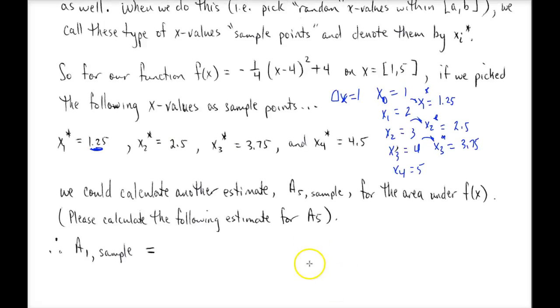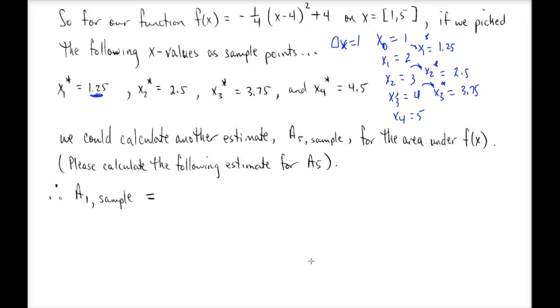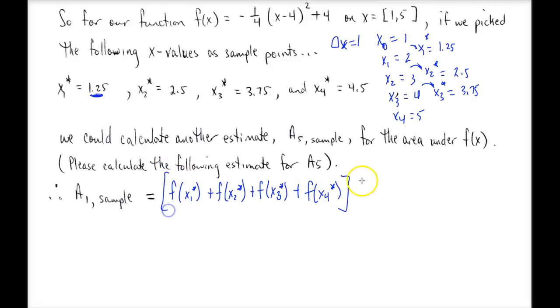So if we want to figure out what the sample estimate is going to be, the simple way to do it, from what we've seen before, is we can just say f of x 1 star plus f of x 2 star plus f of x 3 star plus f of x 4 star, and all of that can be multiplied by our delta x.